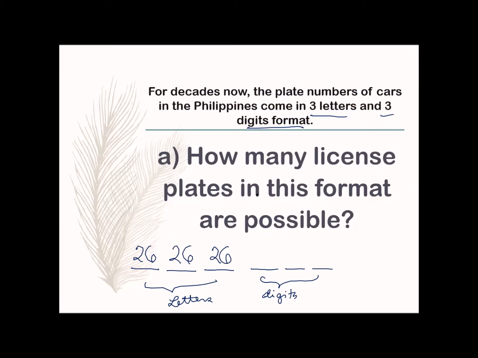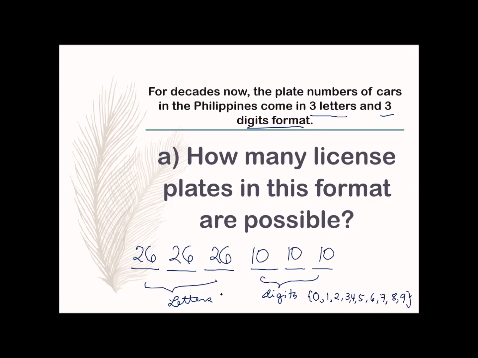So, sa digits, ang pinag-uusapan natin dito ay hindi lang tayo nag-start kay 1, kundi meron ding 0. So, 0 is also involved. 0, 1, 2, 3, 4, 5, 6, 7, 8, and 9. Ilan ba lahat itong options natin na to? So, we have 10 digits. So, ibig sabihin, lahat yan ay possible na makita natin sa isang plate number.